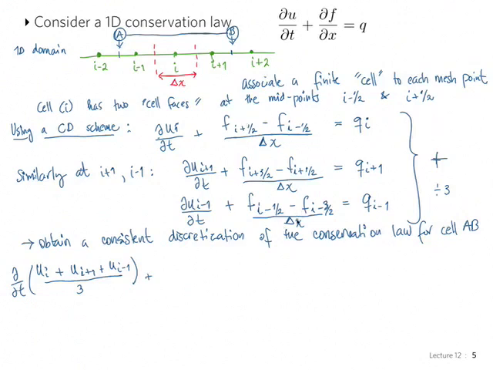When I add these 3 flux terms, the term I plus 1/2 is going to cancel out, and the term I minus 1/2 is also going to cancel out, and I'm only going to be left with I plus 3/2 and I minus 3/2, which is consistent with the central difference discretization on the whole cell AB. Nothing strange there. It looks like it should.